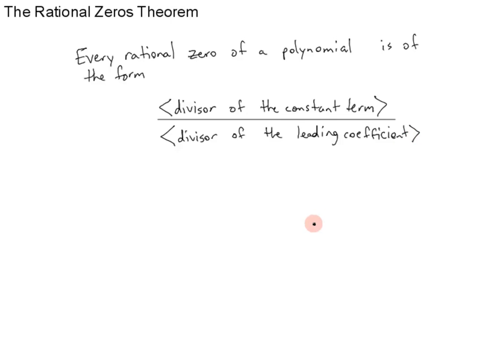So you get this ratio of numbers that will give you a rational number, and the list of rational numbers you get are the list of possible rational zeros for the polynomial.